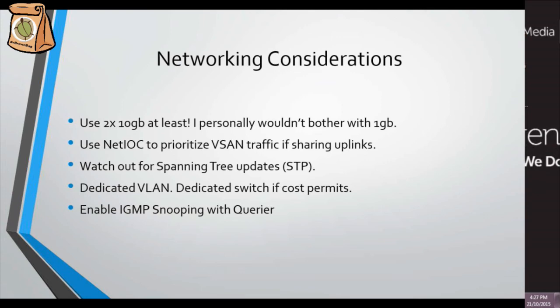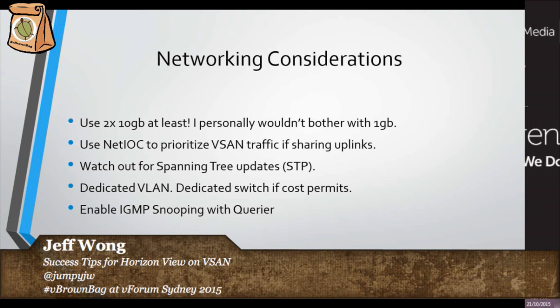Lastly, I want to touch on networking, because networking is a very important, integral part of vSAN, because everything runs through the Ethernet network. Personally, at a minimum, use 2 10-gig uplinks. Although 1-gig uplinks are supported, I wouldn't even bother with them, especially in a Horizon View environment.